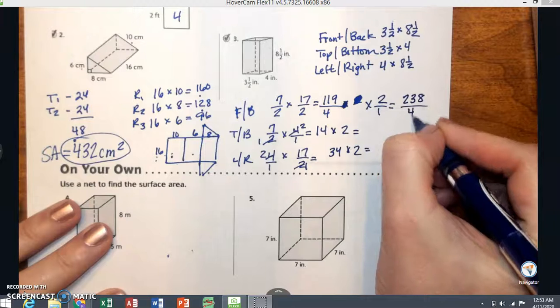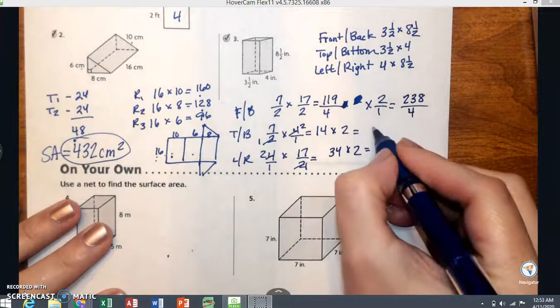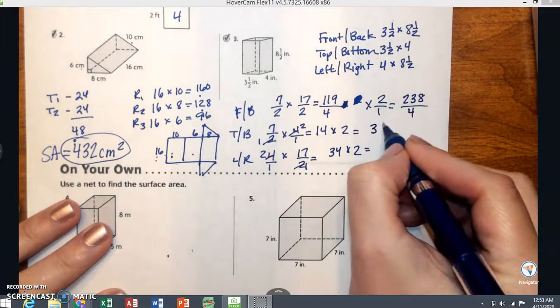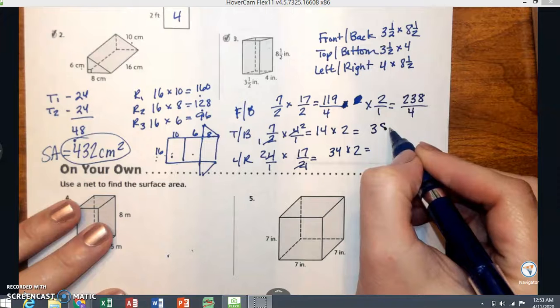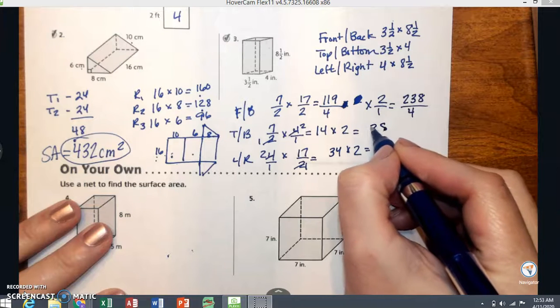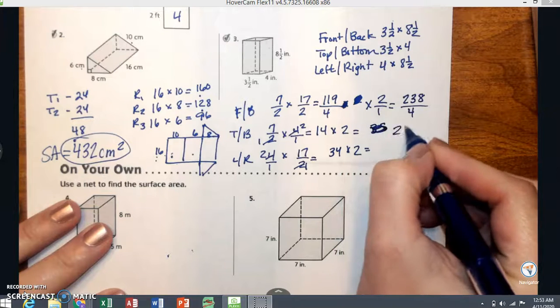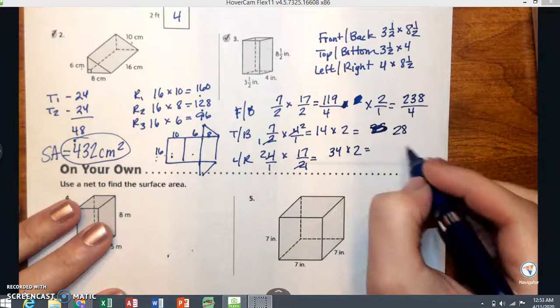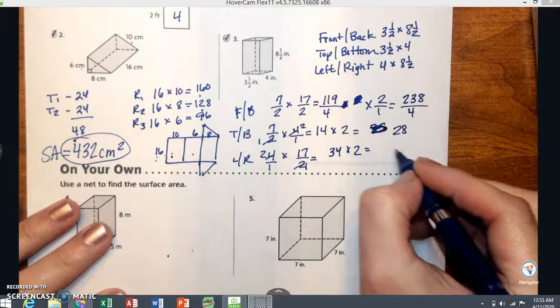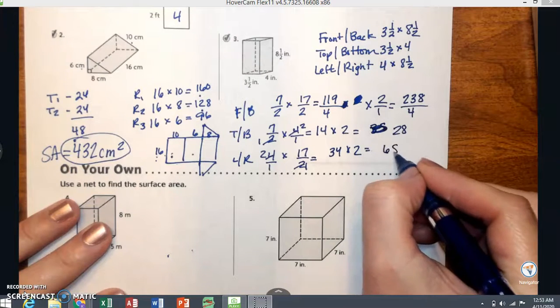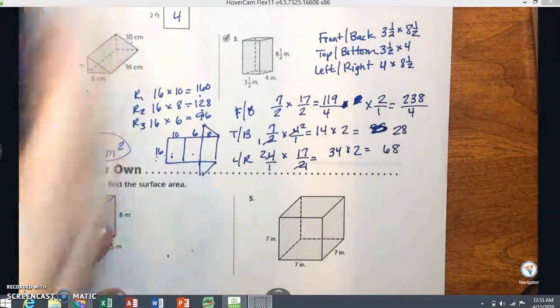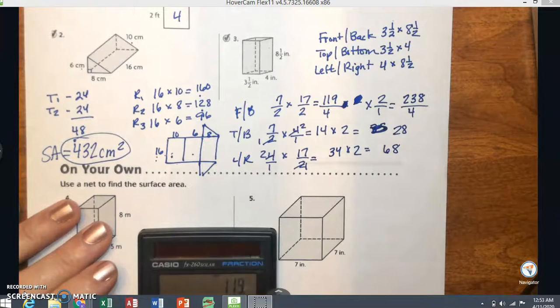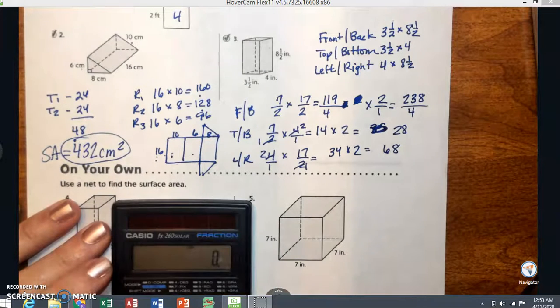And 4 times 1 is 4. 14 times 2 is 28. And then 34 times 2 is 68. I'm going to go back and double check those since it's like 1 in the morning and I'm trying to do stuff in my head.